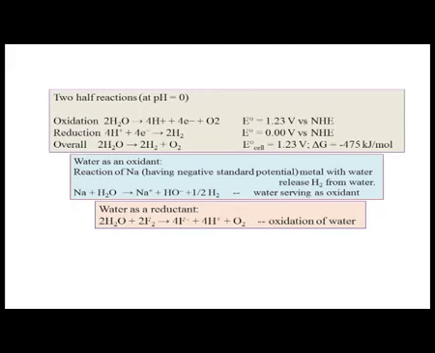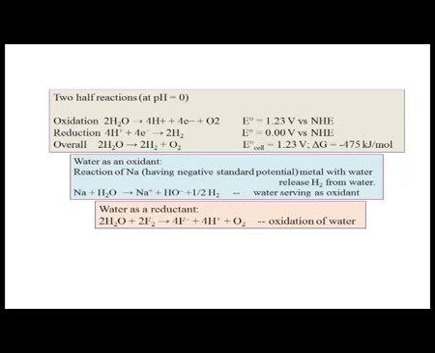For water, we know that at pH 0 there is the electrolysis of water. At one electrode we produce oxygen and at the other electrode we produce hydrogen, and these are the E0 values. The standard hydrogen electrode value is considered as 0.00 volt.